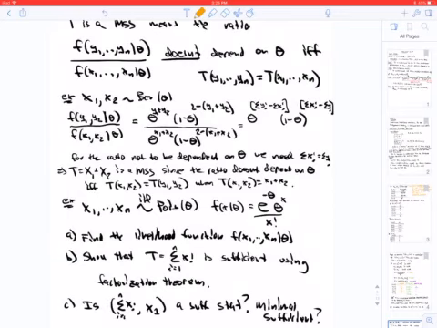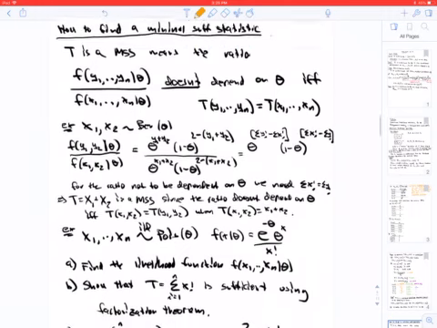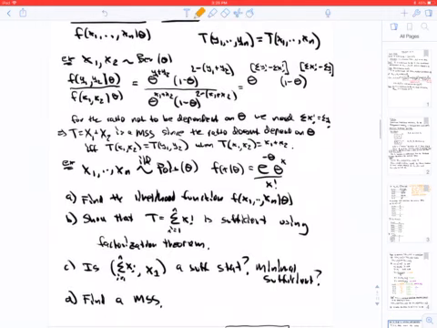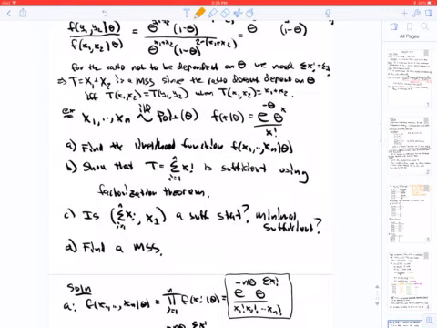So I want to define then T to be the sum of my data, the sum of my sample, right? That is then a minimal sufficient statistic according to this.